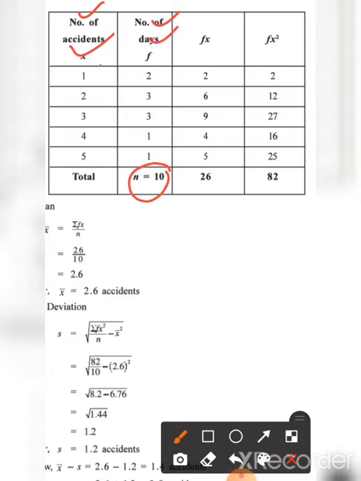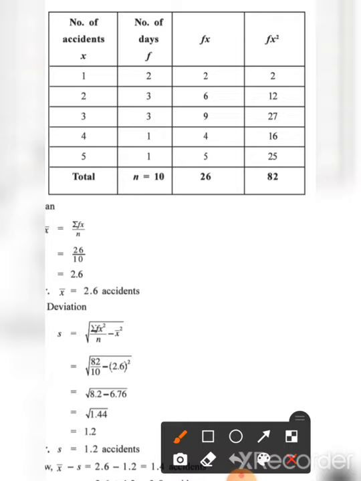So you would find here 1 2s are 2, then 2 3s are 6, then 3 3s are 9, over here 4 1s are 4, then 5 1s are 5. As you do the total of it, it comes to 26. Now, in finding the standard deviation, we need fi xi square.